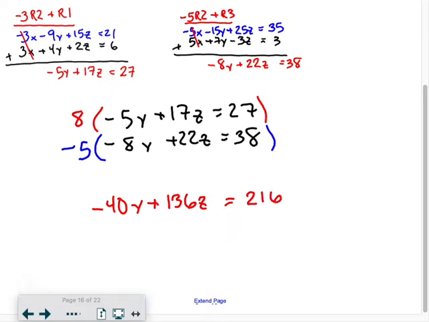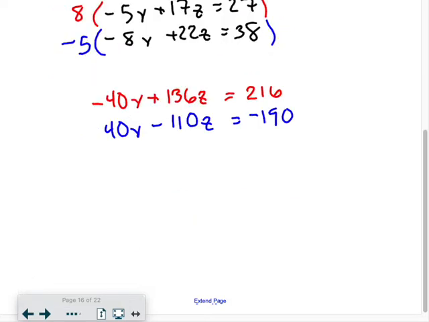And then for your second equation here, we got negative 5 times 8y. That's going to give me my positive 40y. And then negative 5 times 22 is going to leave me with a negative 110z. And then negative 5 times 38 is going to leave me with a negative 190.